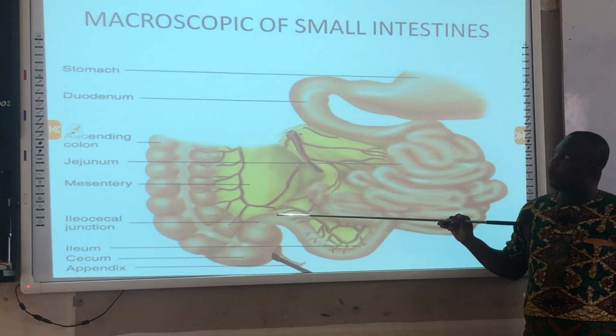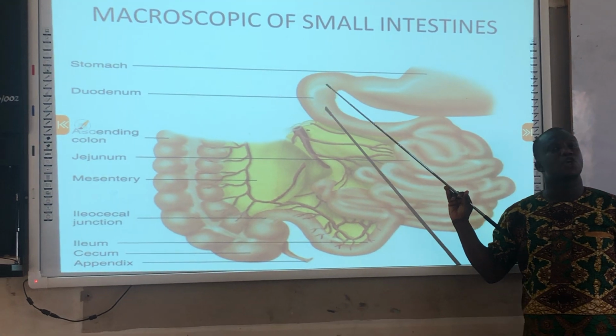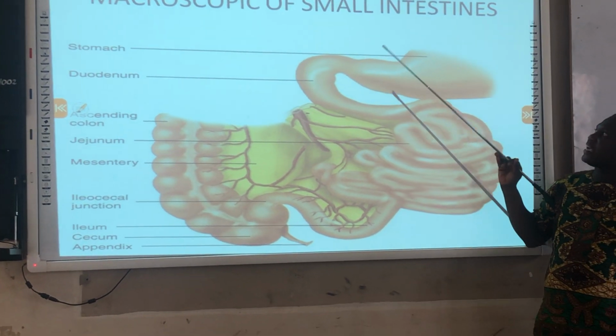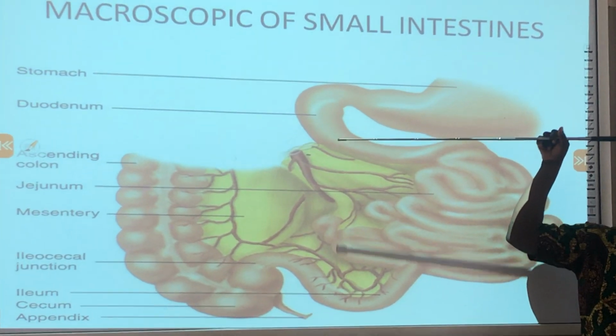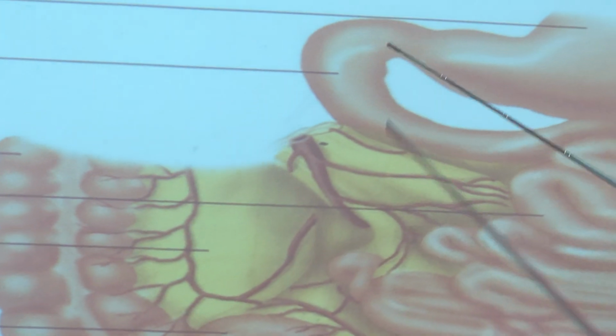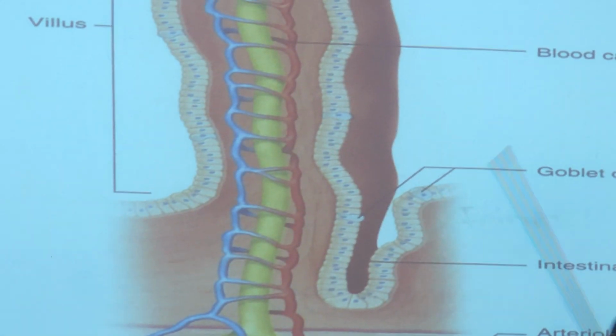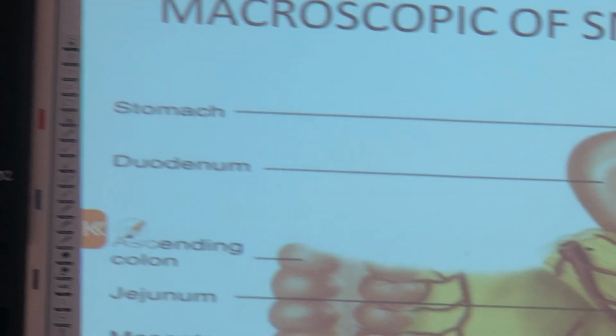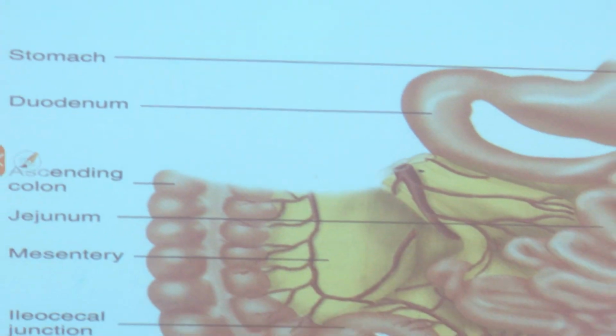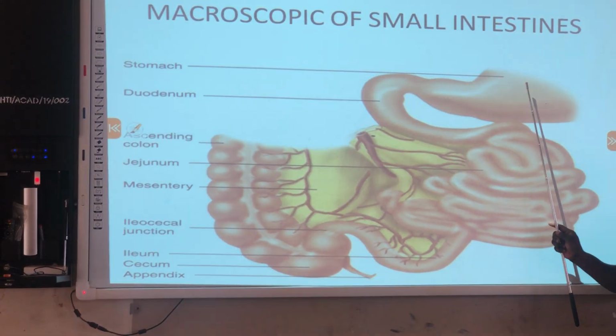The duodenum will open. The moment the duodenum opens, the chyme in the stomach will begin to be emptied into the duodenum. So the gradual emptying of the chyme from the stomach into the duodenum will cause a decrease in gastric secretion in the stomach.